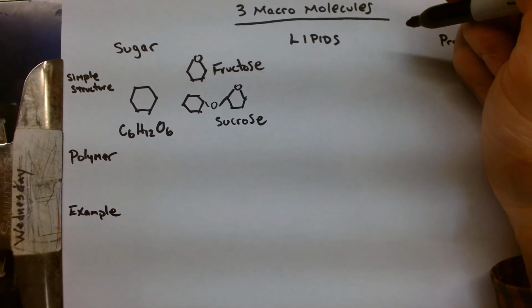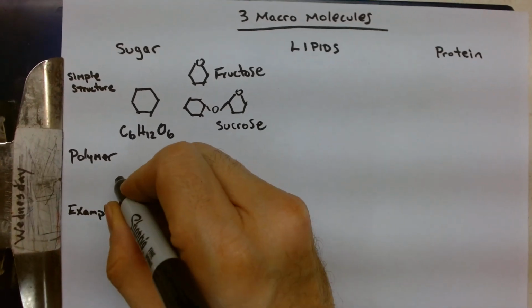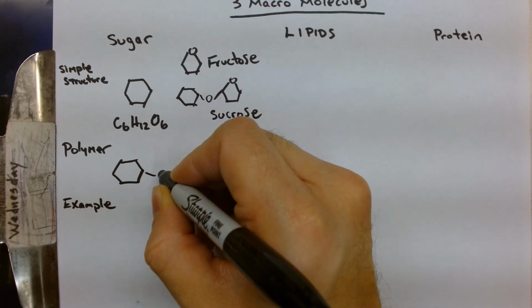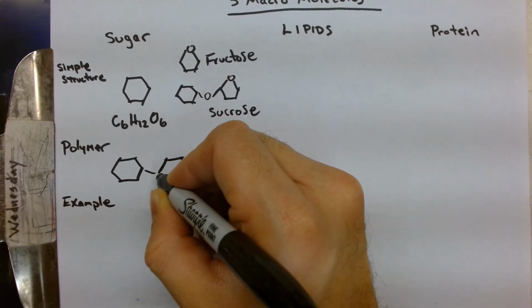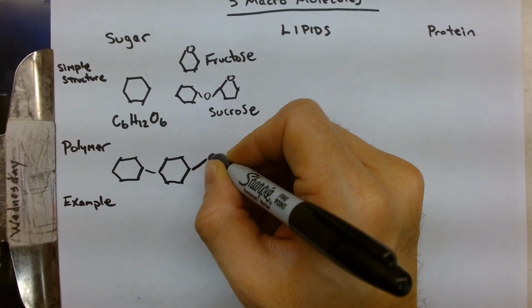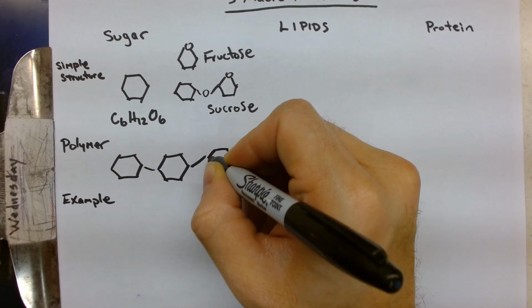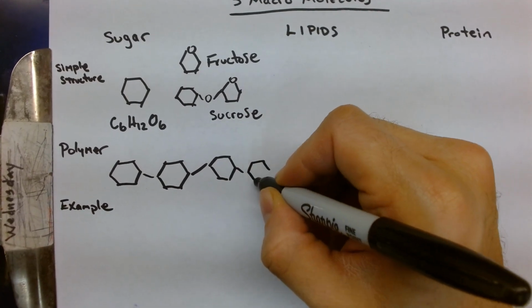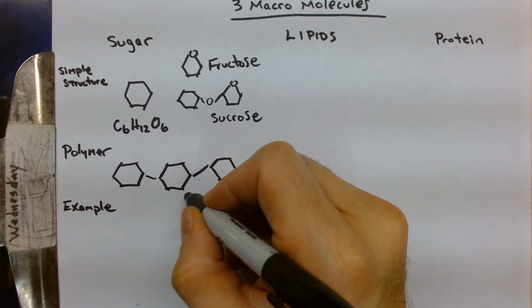Now, what's amazing about sugar is that sugar can bond. You can form chains of sugar to form polymers, and these polymers can offer a greater amount of energy. So if we chain 50 sugars together, we would get a starch.